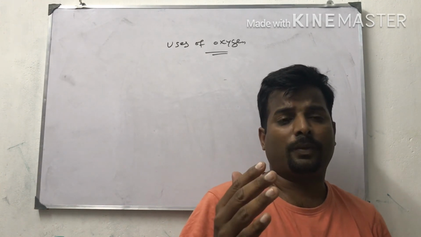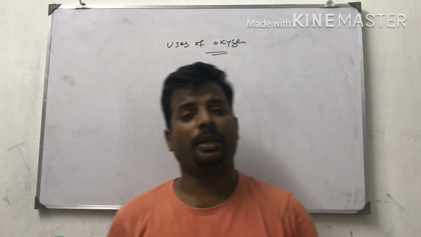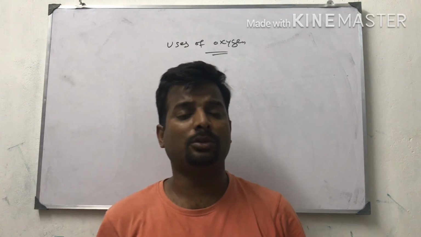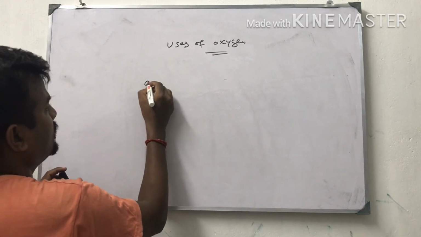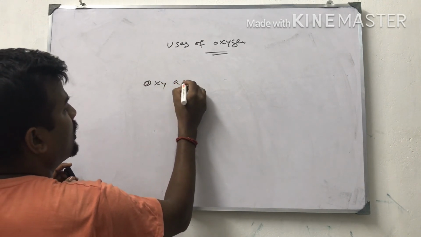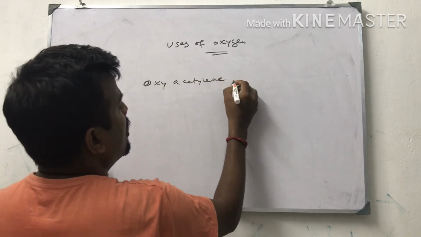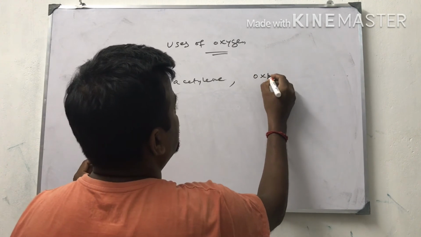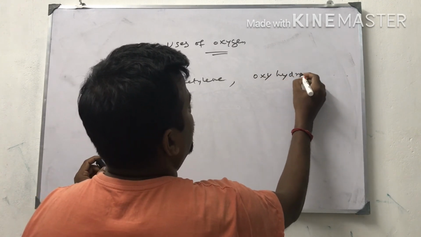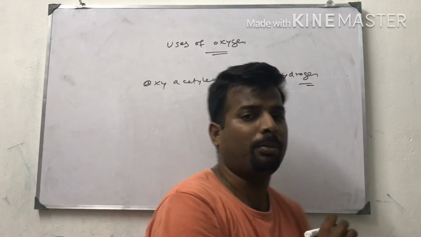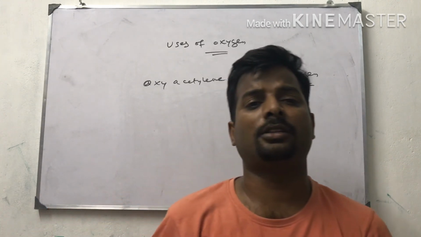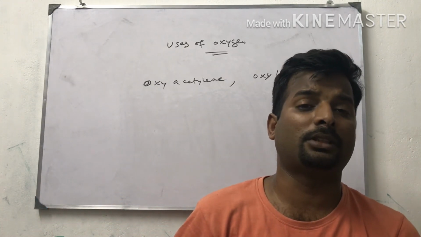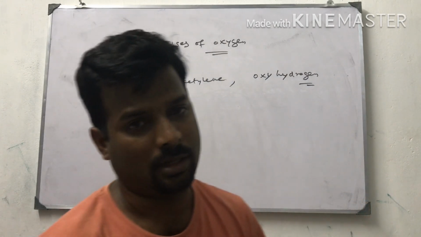Oxygen is not only used for combustion and respiration, but also useful for the oxyacetylene torch and oxyhydrogen torch, used for the manufacture of metals and welding. The oxyacetylene and oxyhydrogen torches are used for welding in metallurgical industries.